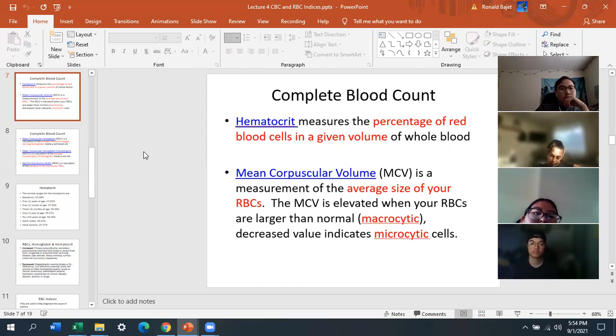That's good, but I want you to start becoming comfortable with the normal ranges. So MCV is the size of the red blood cells, macrocytic cells and microcytic cells. But you also have to be aware that you're going to get macrocytic cells that are not reasonable, like I said, MCVs in the 150s.